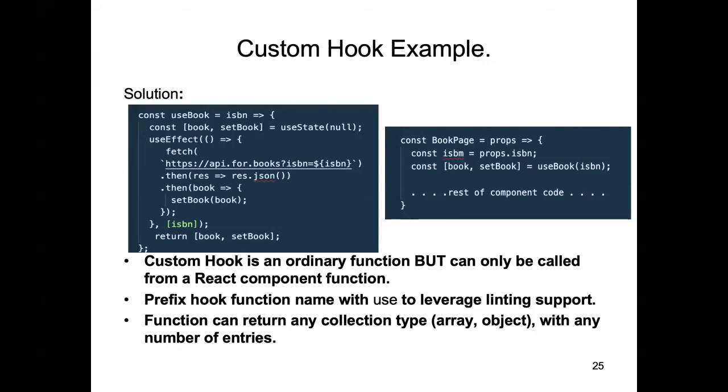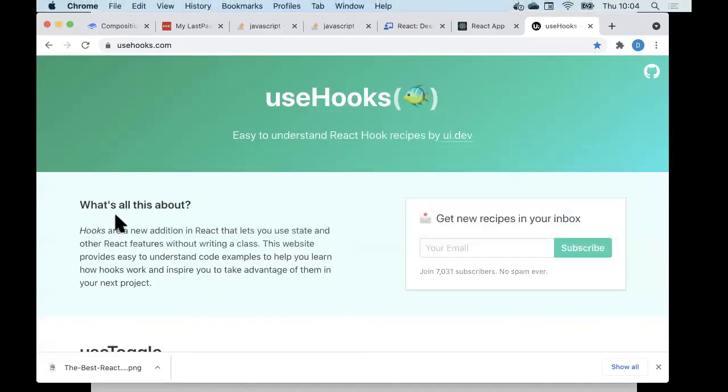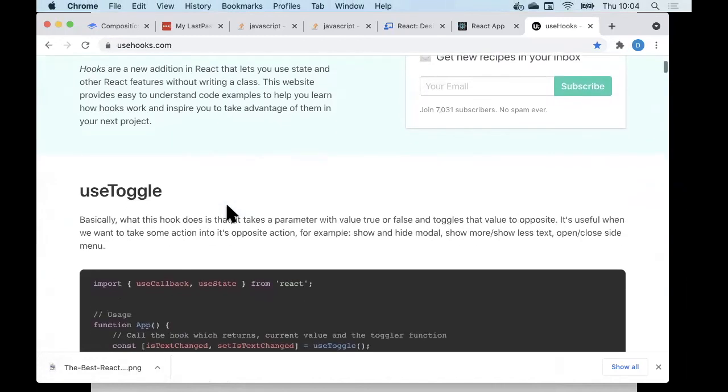There's an interesting website that I came across recently called the Use Hooks website, and it has some really nice custom hook implementations contributed by various developers across the open source community. And you might find a hook in there that you can use in your assignment, maybe not, but it's worth browsing through them anyway.